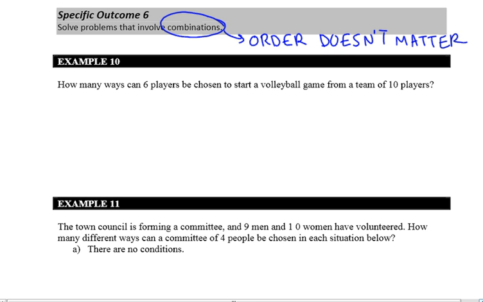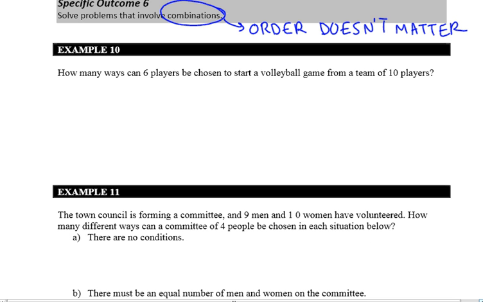Right? It doesn't matter how you're holding them, it just matters who's in your hand, not how you arrange them. So how many ways can 6 players be chosen to start a volleyball game from a team of 10 players? So how many do we have to choose from? 10, and we want to choose 6.